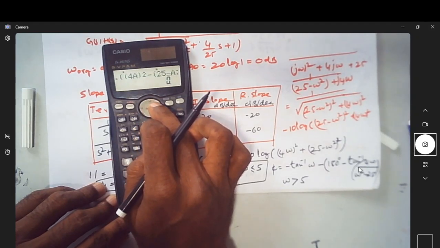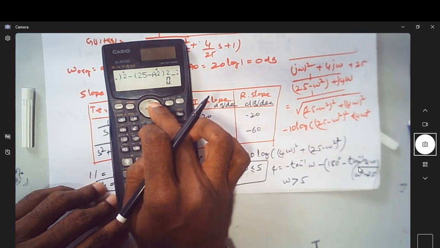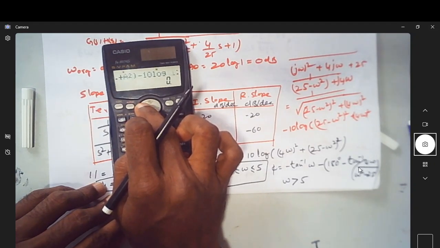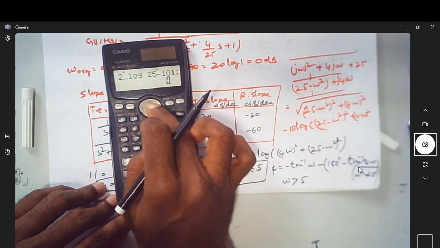Okay, I need to put one more parenthesis. Is it fine? I think that's fine. That should be equated to 0. Have I equated to 0? Okay, let me equate it to 0.